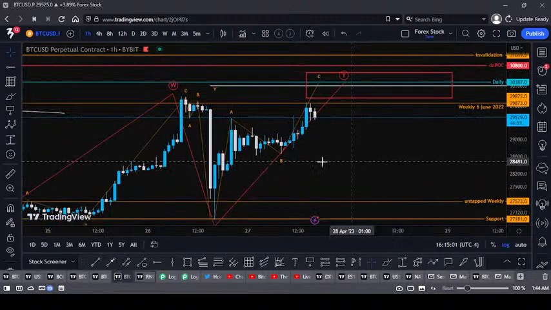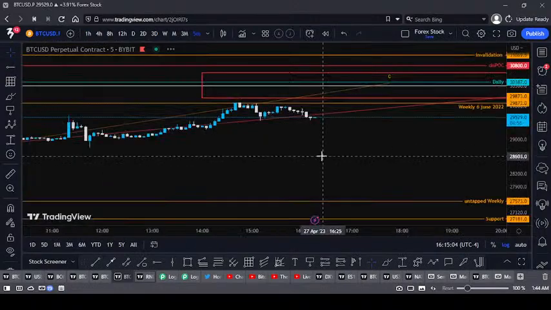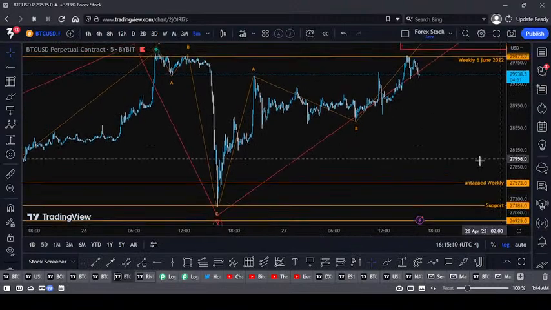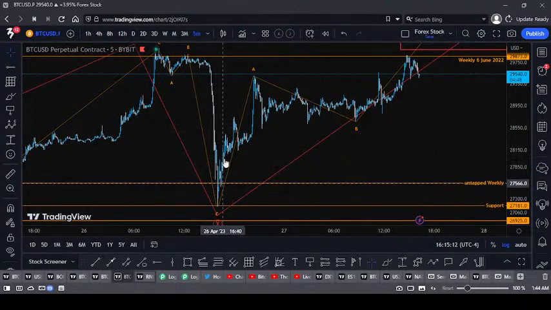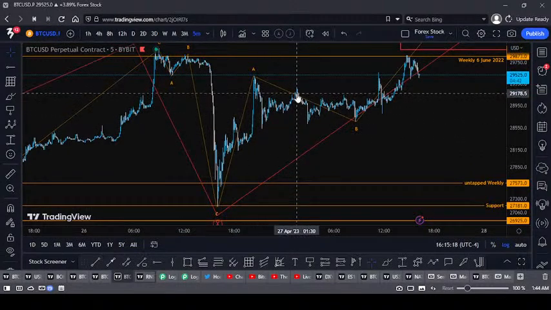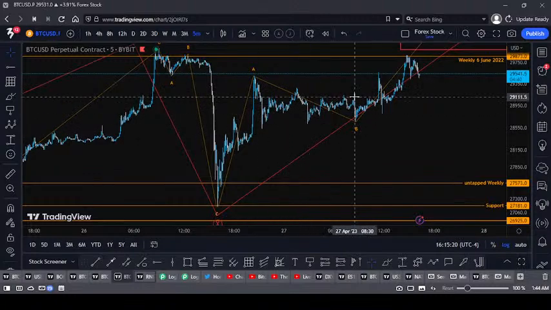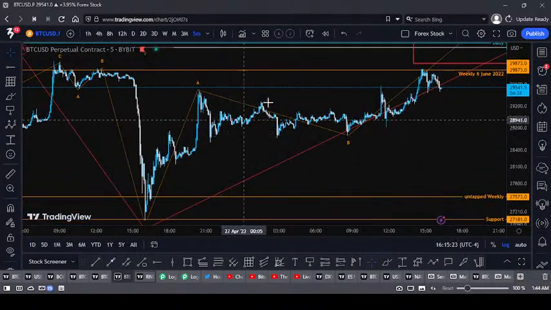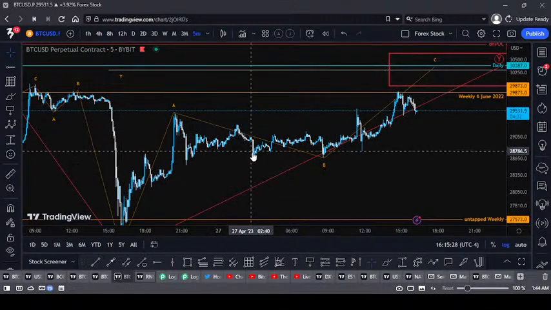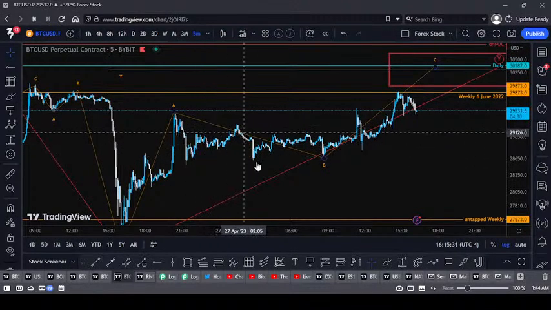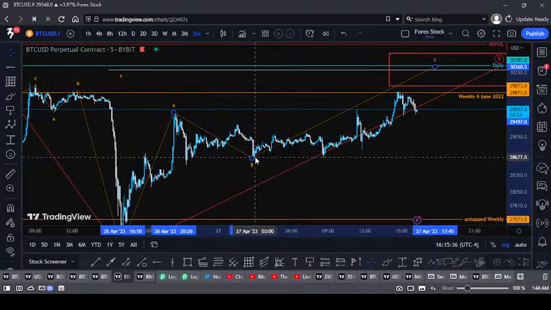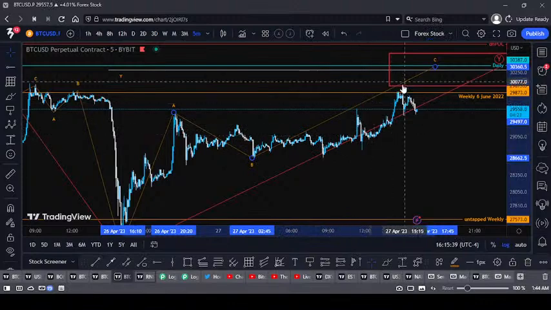For me, this is the valid count for the ABC, and we can do some sub counts like 1, 2, 3, 4, 5, A, B, C. ABC makes more sense. A, B, and C. One, two, three, four, five.